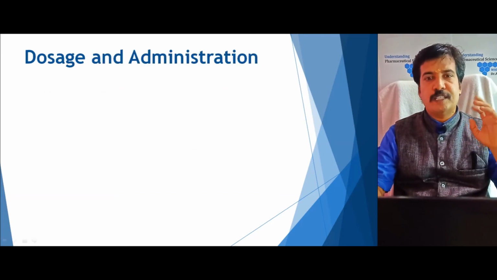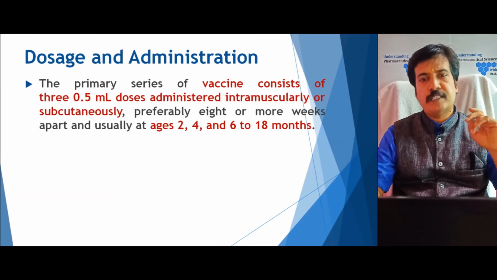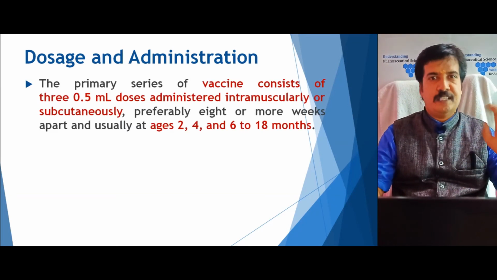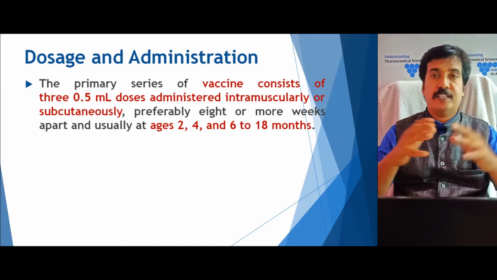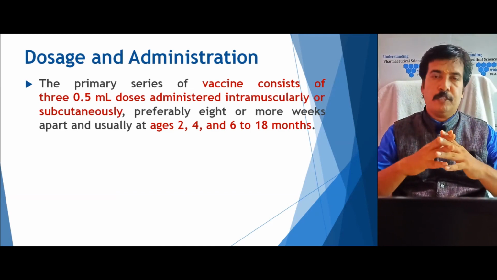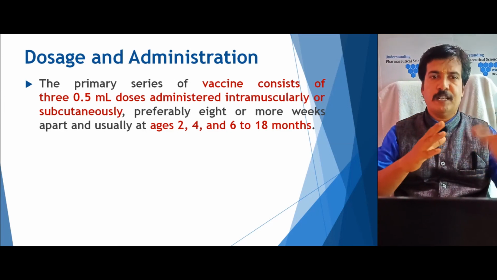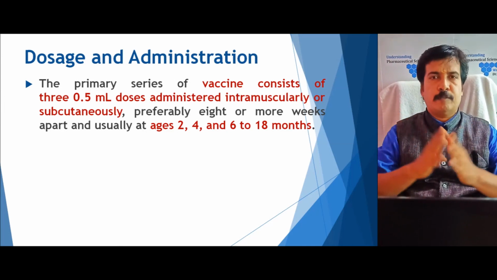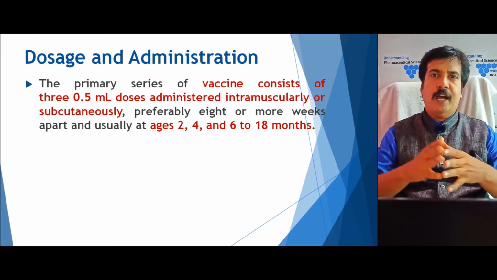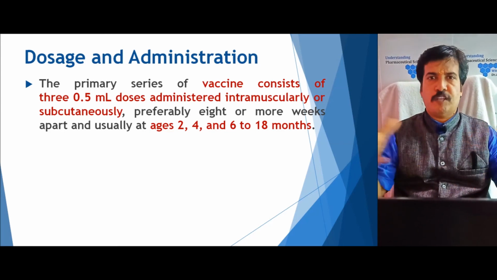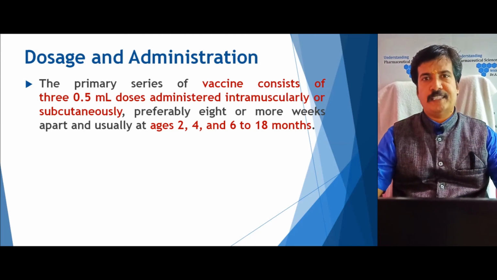If you see the dosage and administration, polio vaccination is generally preferred in children rather than adults, because in adults we have certain problems. For children it is given in 2 types. One is the primary series of vaccine, where we give 3 doses, and we also give a booster dose for lifelong protection against this virus.